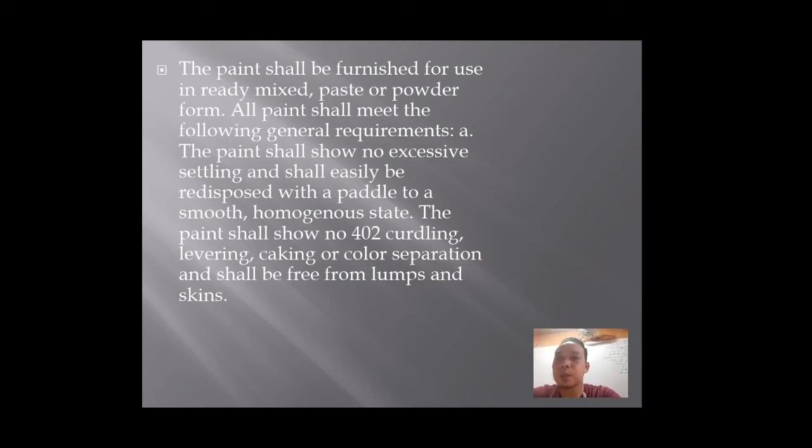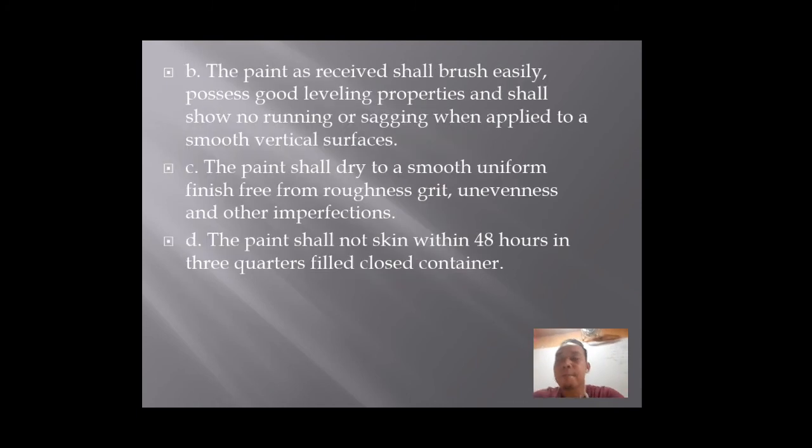Also, all paint shall meet the following general requirements. A. The paint shall show no excessive settling and shall easily be redispersed with a paddle to a smooth, homogeneous state. The paint shall show no curdling, leveling, cracking, or color separation, and shall be free from lumps and skins.